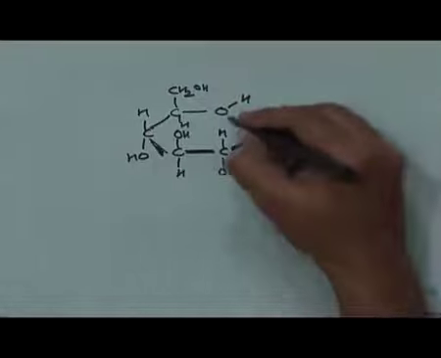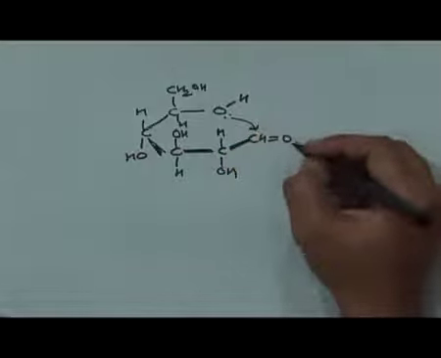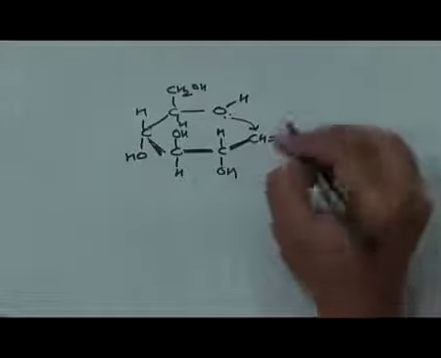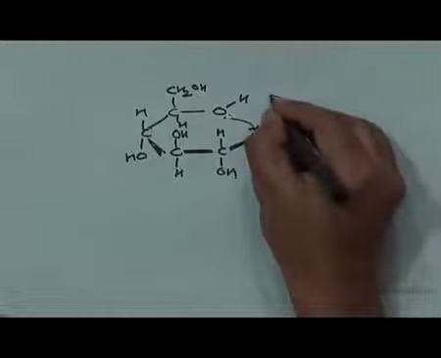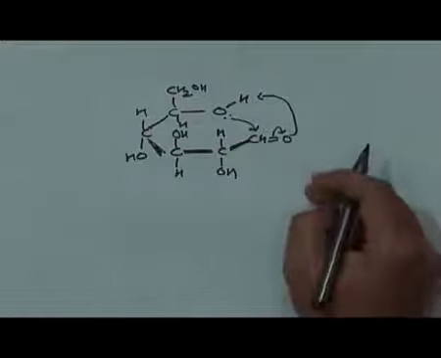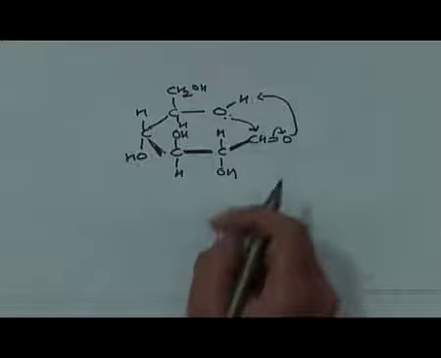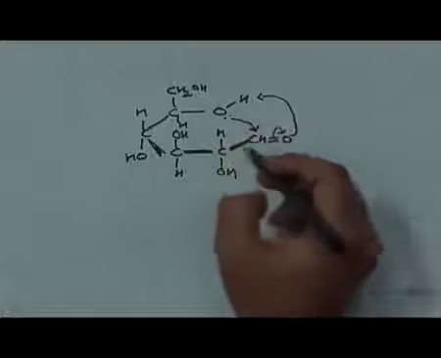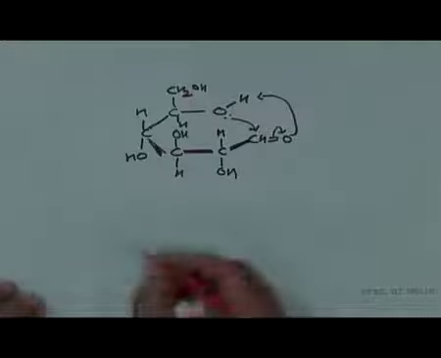for the acetal formation. So this lone pair will attack the carbonyl of the aldehyde, and again the O minus, whatever alkoxide forms, will abstract the hydrogen from the alcohol. One thing I would like to mention here is that this hydrogen abstraction is not intramolecular.